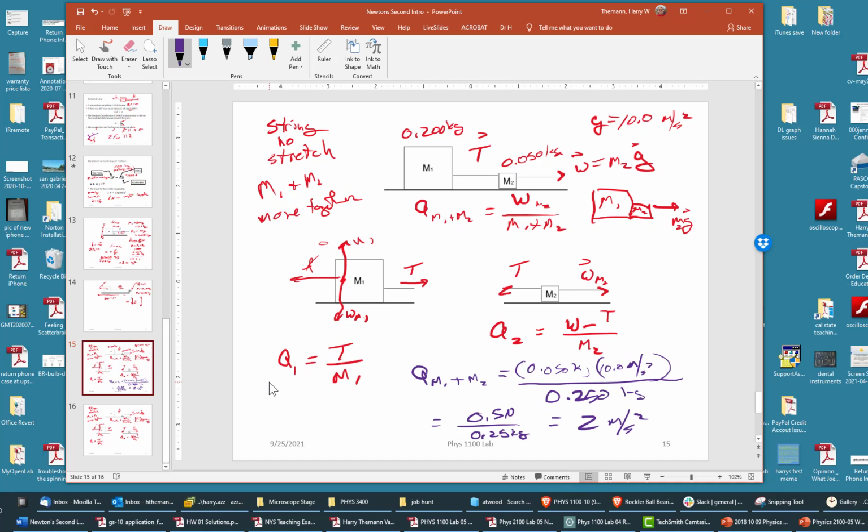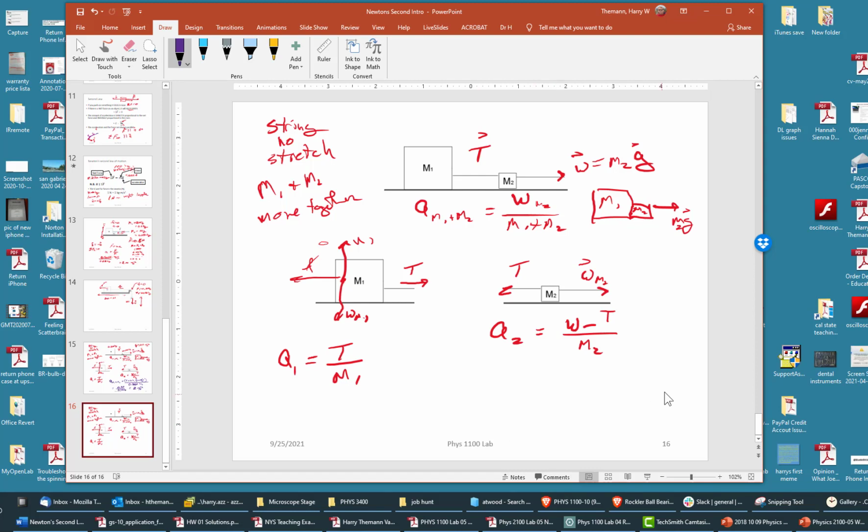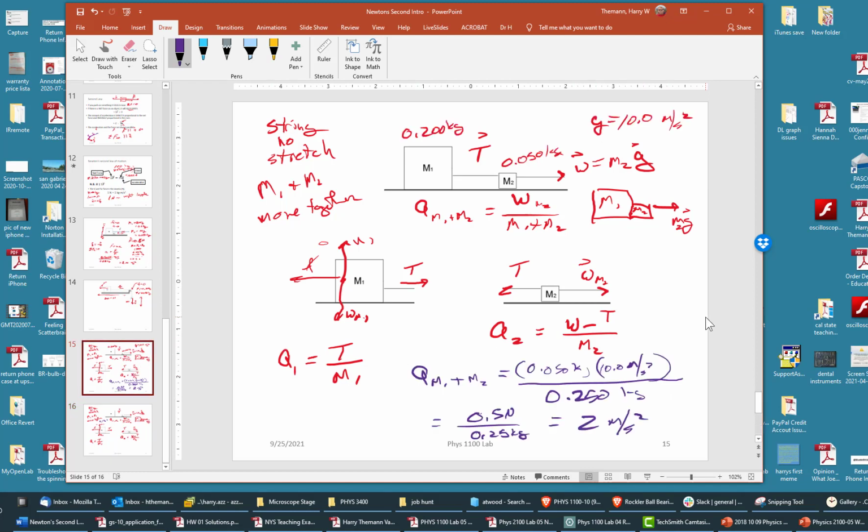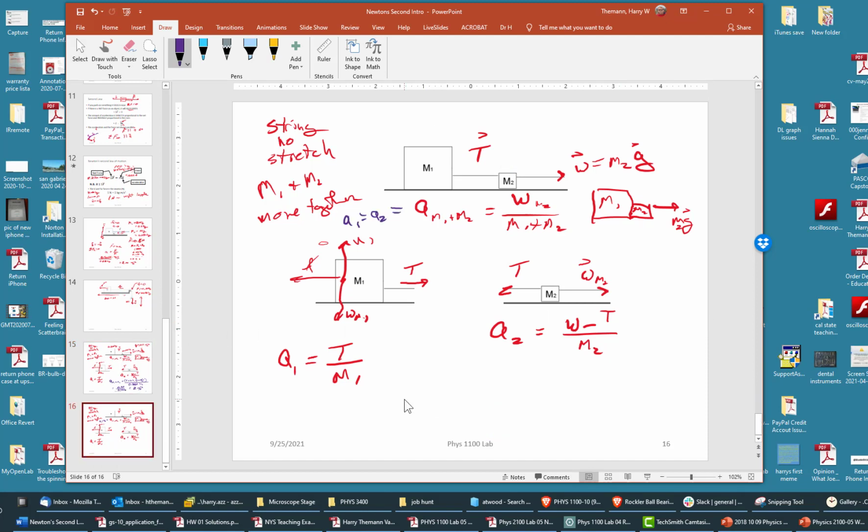So typically we would be asked for what is the tension, and then what happens is that A1 equals A2 equals this, which we calculated was 2 meters per second squared.